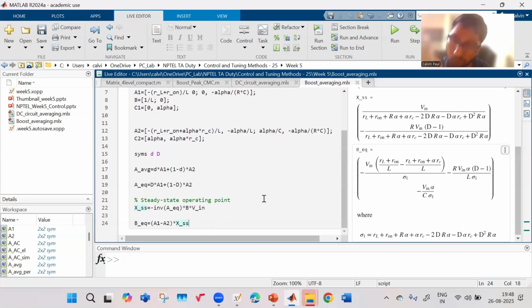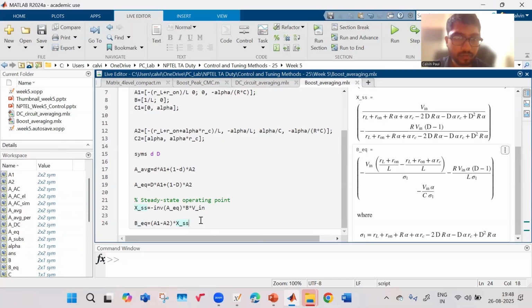So any queries to this? No, sir. Okay, so have you used this symbolic math toolbox in your work afterwards? Sir, this copying to LaTeX, I am seeing for the first time.